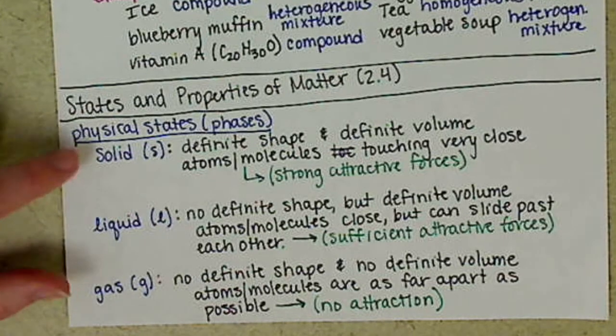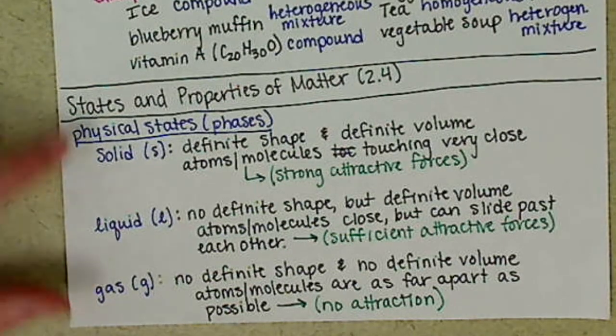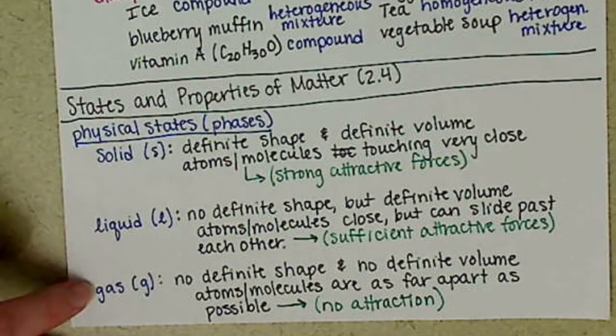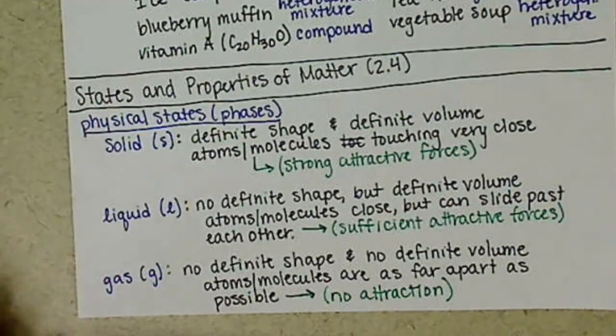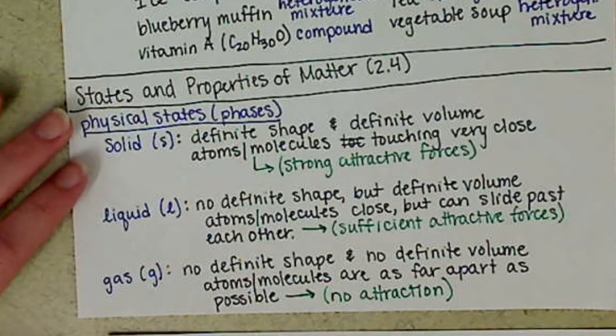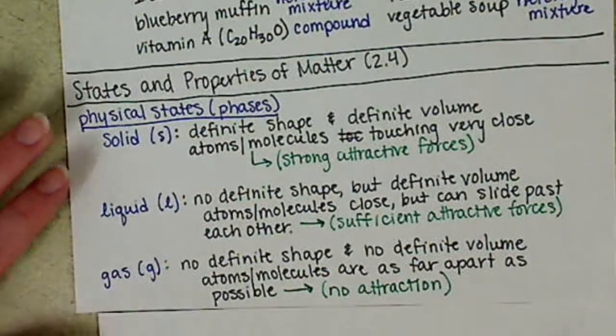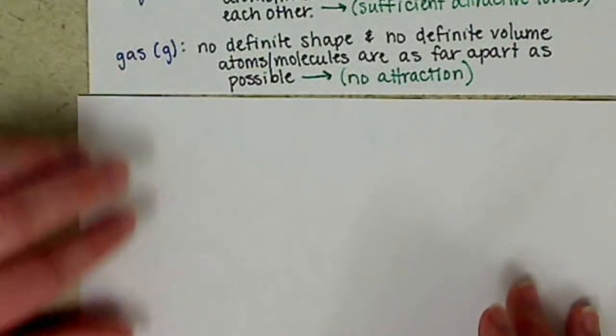All right, so these are our physical states. We can convert or change a compound to go in between these states, and we call those our changes of state. We have a number of different changes that we can do.